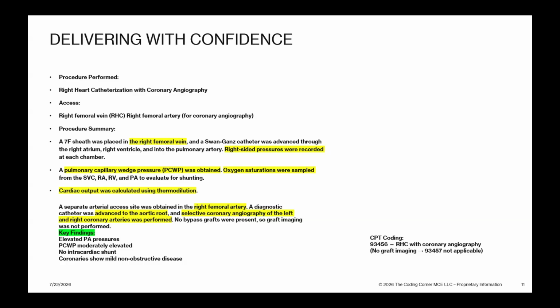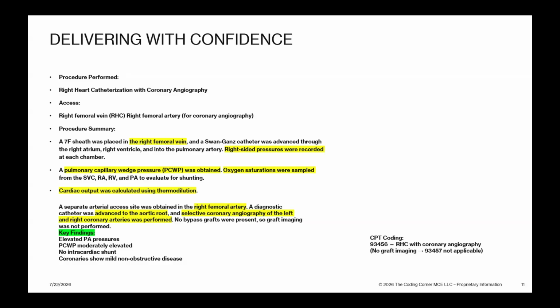Next, we establish the arterial access in the right femoral artery to perform the selective coronary angiography. A diagnostic catheter is advanced to the aortic root, and both the left and right coronary arteries are imaged. The patient has no bypass grafts, so graft angiography is not part of this case.